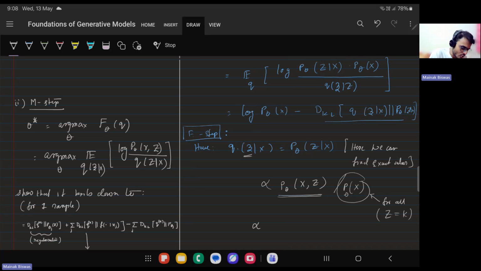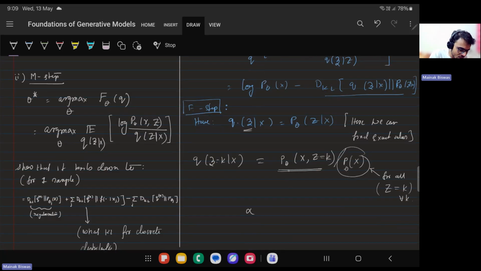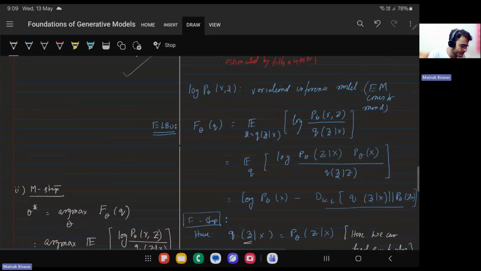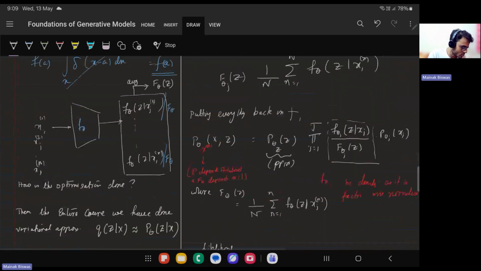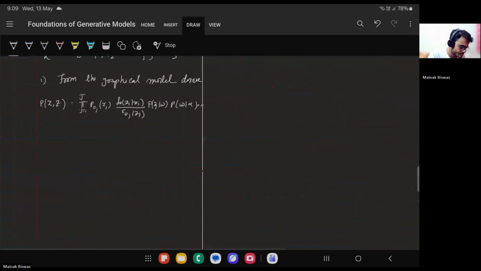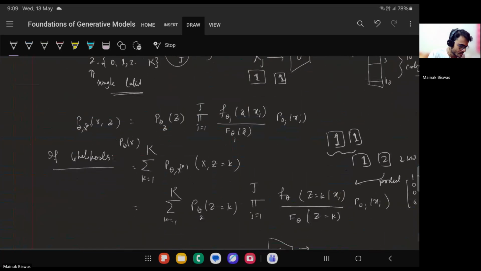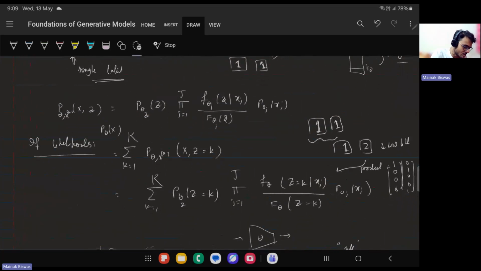So the probability of z being equal to k given x is proportional to p theta of x comma z equal to k, divided by p theta of x. It's all the same for all k, so this is proportional to the joint distribution, which is already known to me and which we derived just now.